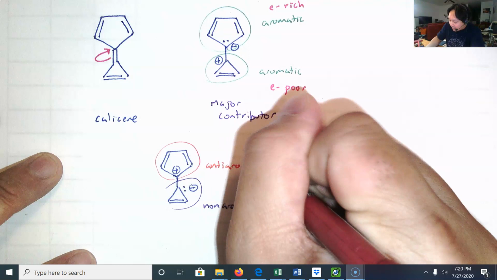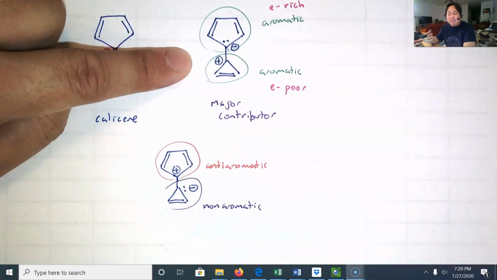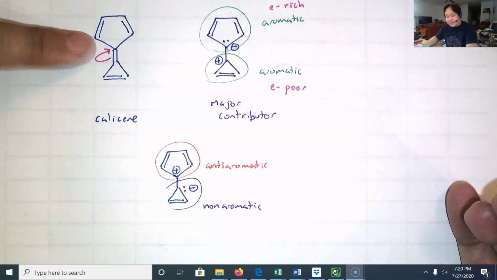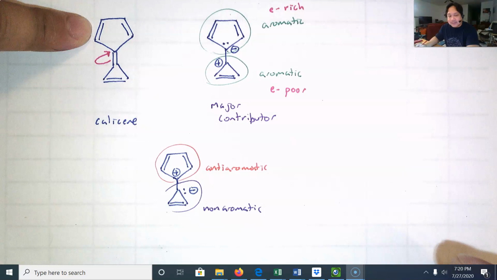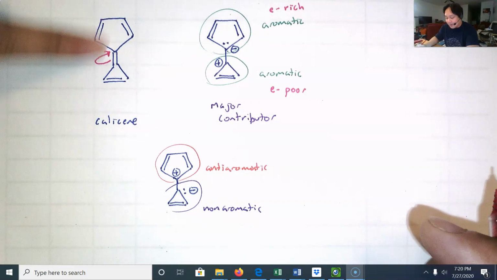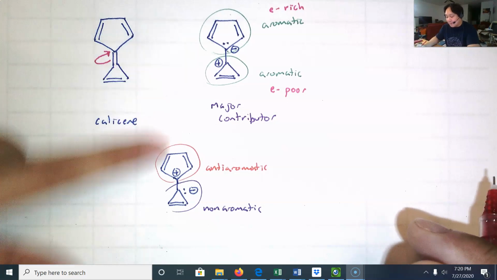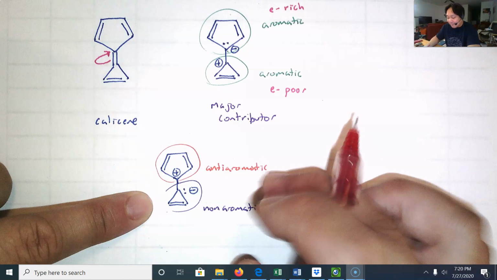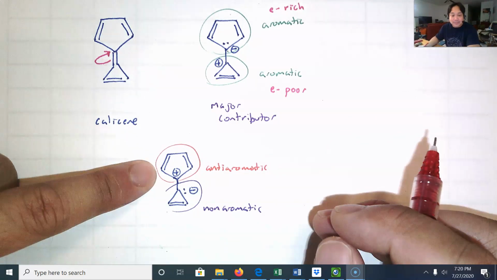So do you see how this resonance structure is much, much, much better than either this resonance structure, right? Because this top ring is not considered aromatic because it only has 4 pi electrons. We're not counting those 2. And this structure is better than this structure because we have an anti-aromatic ring at the top. Okay.